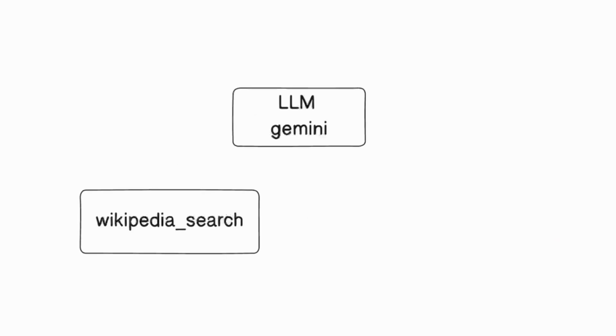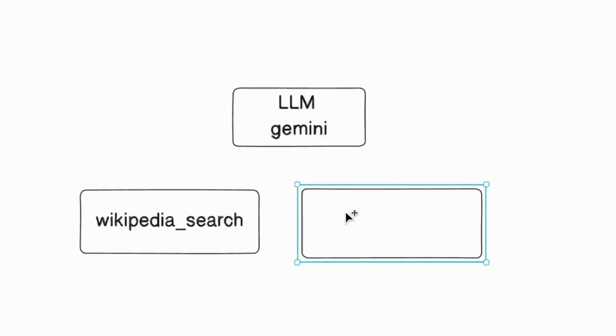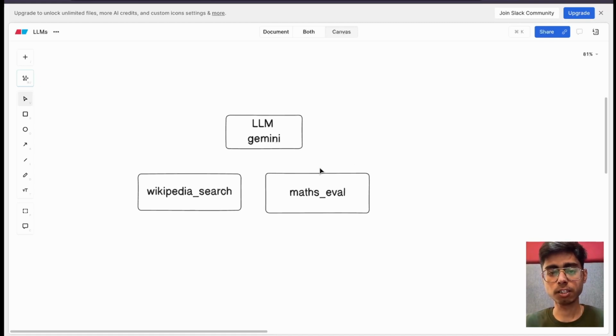Okay. The next thing that we are going to have is a mathematical expression evaluator. Basically, this tool can solve maths questions. So the maths eval function will be the second tool, so that if you give it 2 plus 2 as a string, it can actually give you 4, or if you give it any mathematical expression, it will give you the output of that expression.